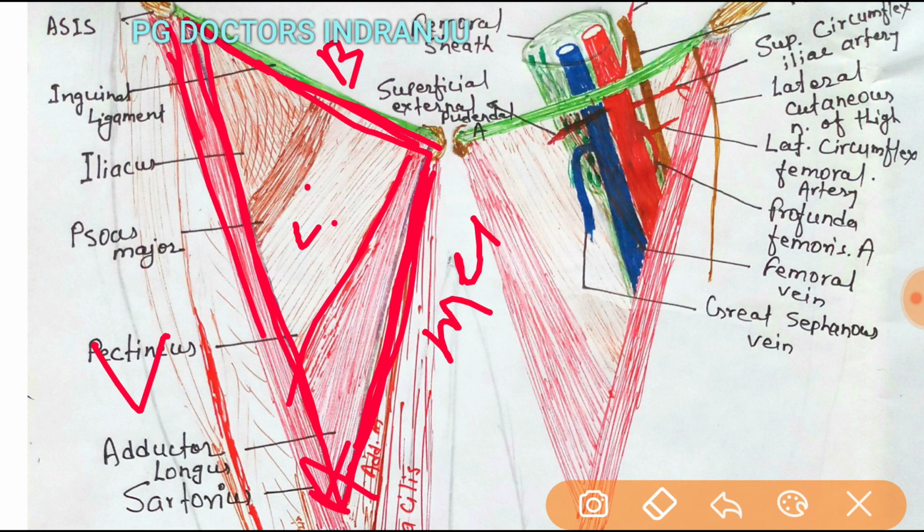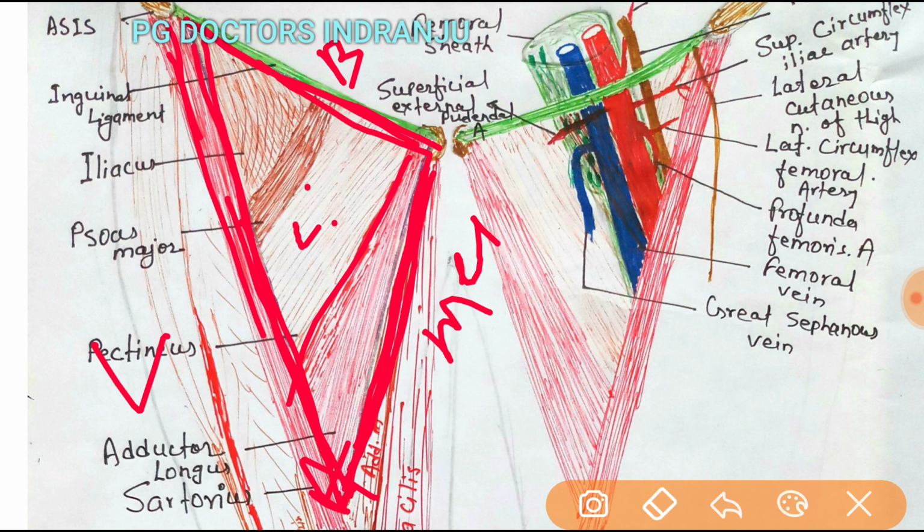This is known as the femoral triangle, in the region of the thigh. And the apex is formed by the sartorius and the adductor longus, which both merge at the point known as the apex of the femoral triangle. This is the boundary of the femoral triangle.